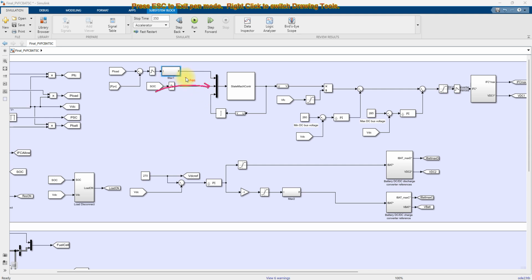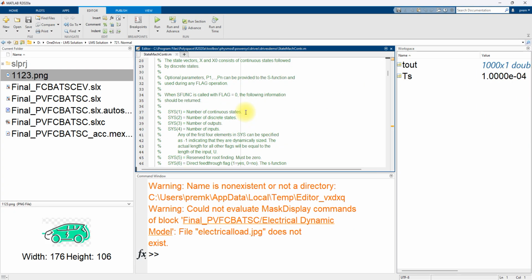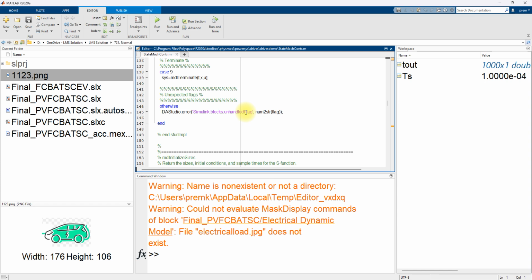Here we have the filtered power or average power of the load, and the SOC of the battery. That is going to be processed via state machine control. Once you click inside, we have the state machine control program.